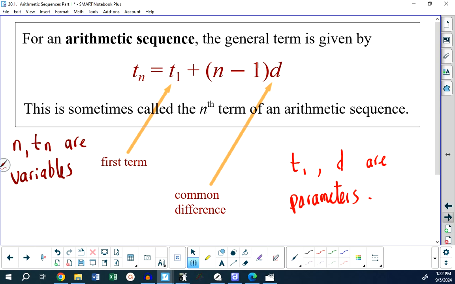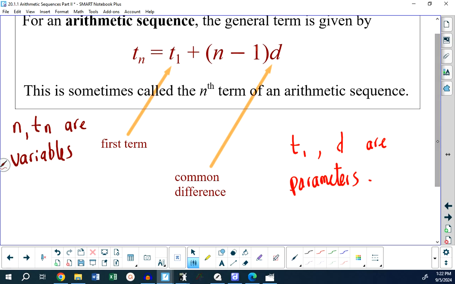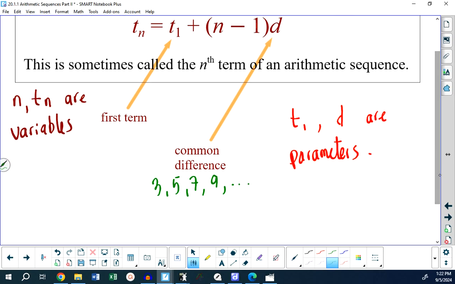What I am saying is, and we can take a particular sequence to demonstrate this. Let's take this sequence. I'll go one more. Right? That is a sequence. Now, it turns out that the first term is equal to 3, and the common difference is equal to 2.